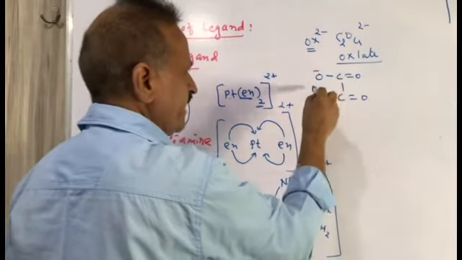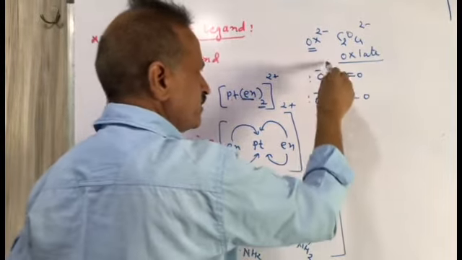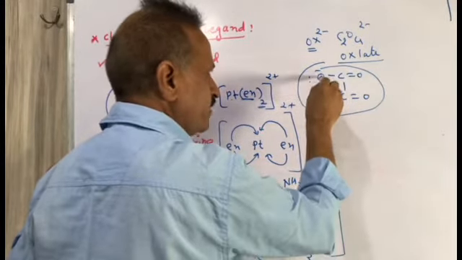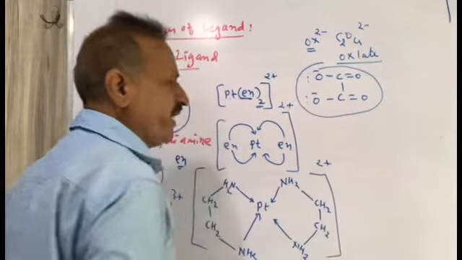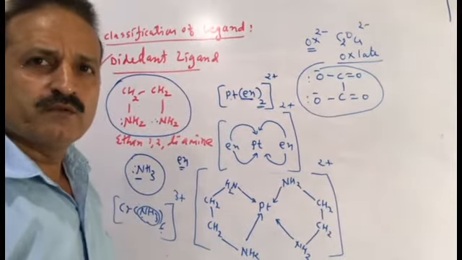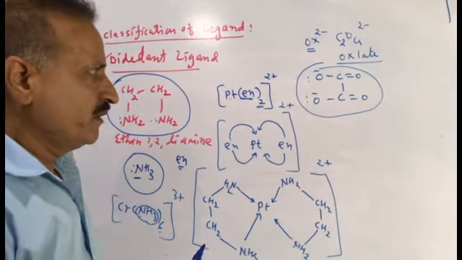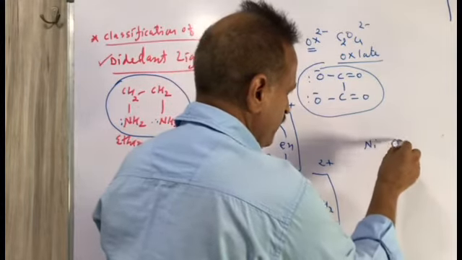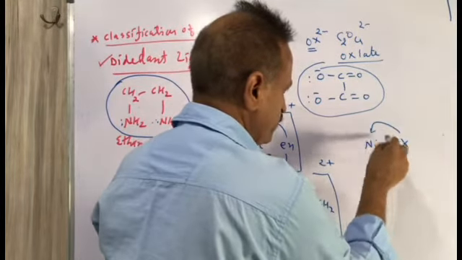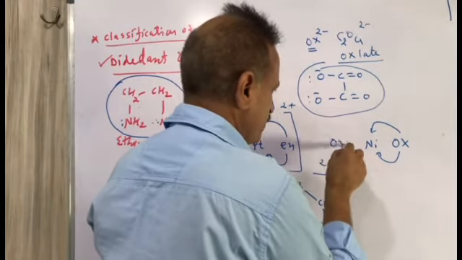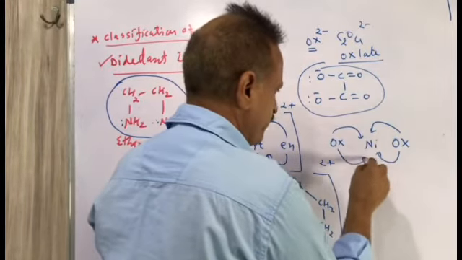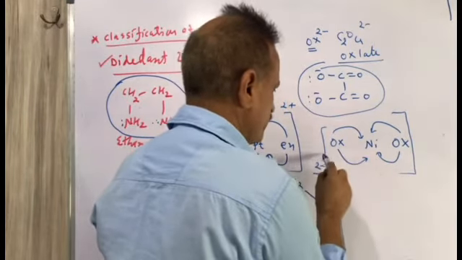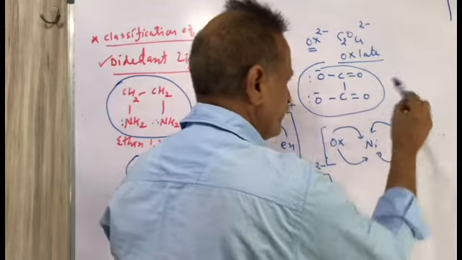And here are two negative charges. So one oxalate molecule having 2 oxygens, and those 2 oxygens will donate 2 electron pairs. Suppose we have nickel. Here is oxalate, which will donate 2 electron pairs. Another oxalate will donate 2 electron pairs, and nickel is 2 plus, each oxalate is 2 minus, so the charge will be 2 minus.